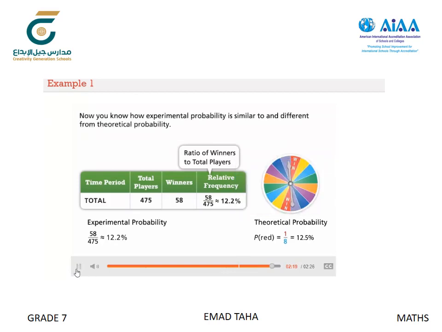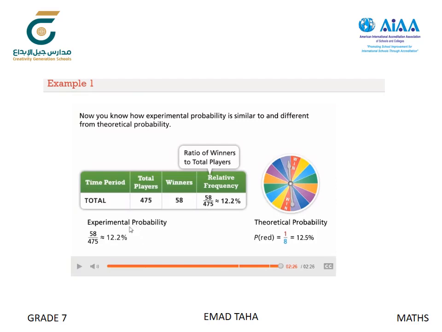Now you know how experimental probability is similar to and different from theoretical probability. There is a difference between the theoretical probability and experimental probability. The theoretical probability is how to find the probability of a winner in a spinner.